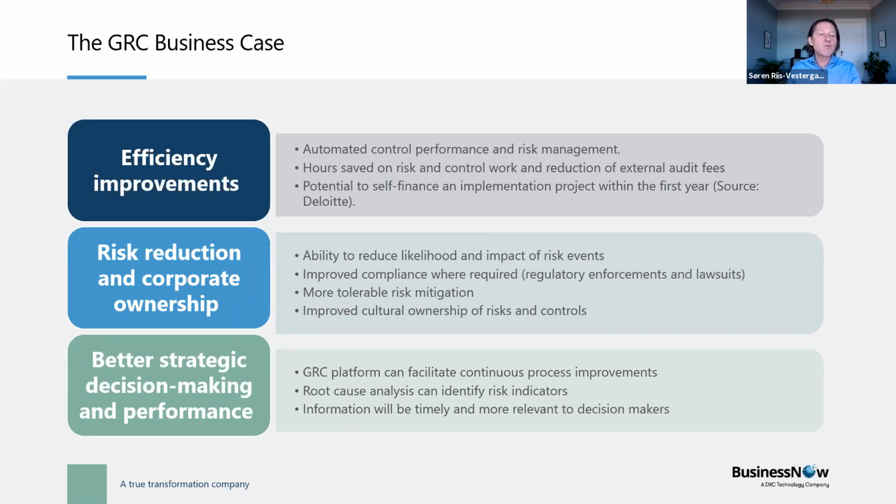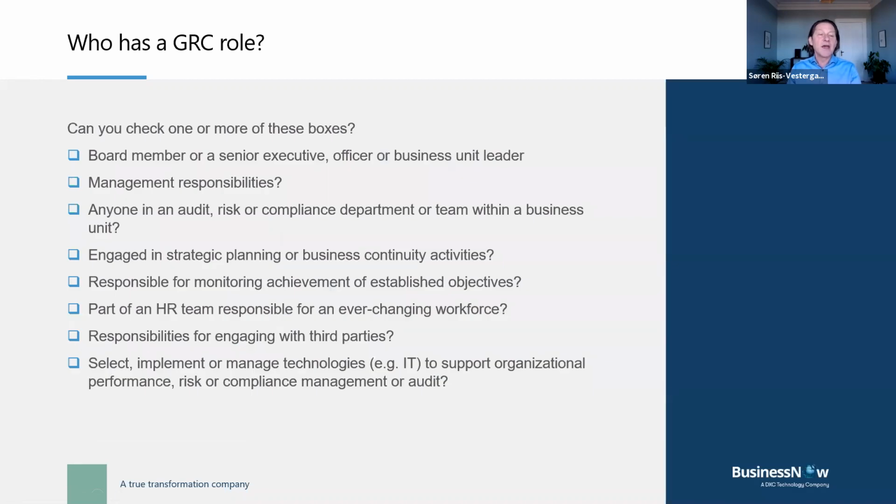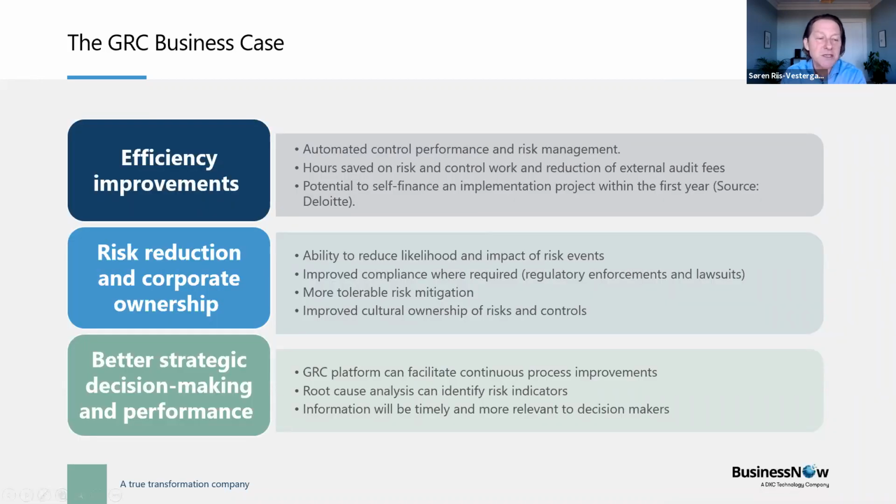Okay. The second one is that it's valuable for any organization to be risk aware, knowing what the risk appetite is, and reducing risks by creating an organization around risk awareness and risk mitigation with a corporate ownership. So we can reduce the likelihood, we can reduce the impact of risk events, we can improve compliance with risks that are related to regulatory enforcements, or even the risk of lawsuits from customers or others in society.